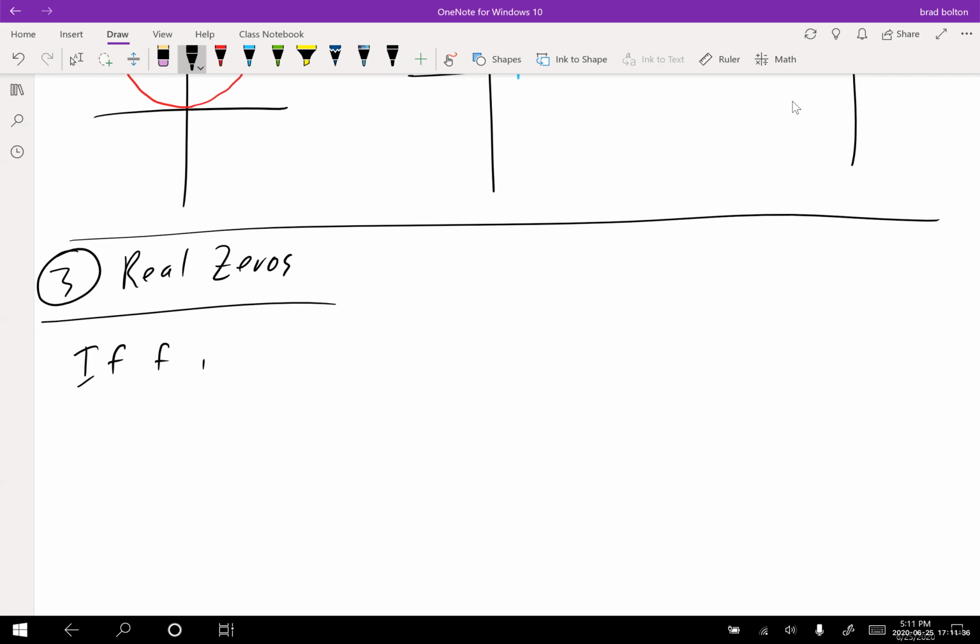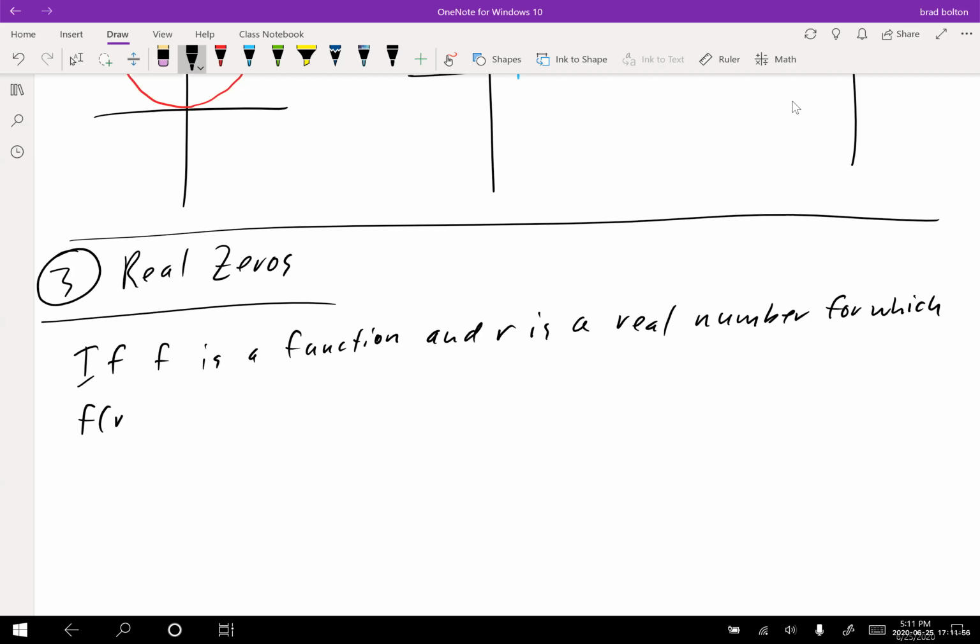If f is a function and r is a real number for which f of r equals 0, then r is called a real zero of f.